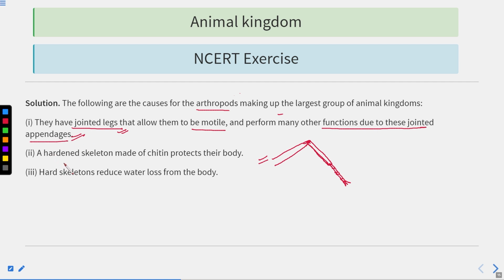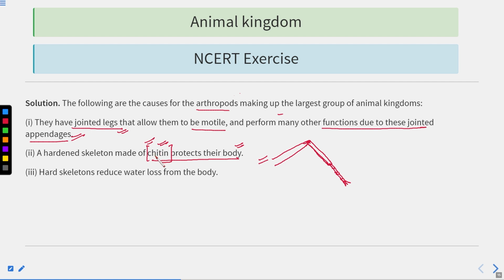A hardened skeleton made up of chitin protects their body. So their body is made up of a carbohydrate that is called chitin. Okay. Now, generally, this chitin, you have seen is present in the case of fungi, their cell wall is made up of chitin.